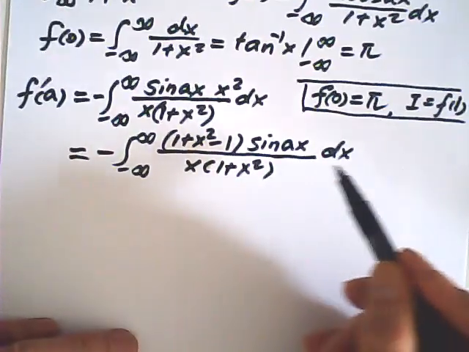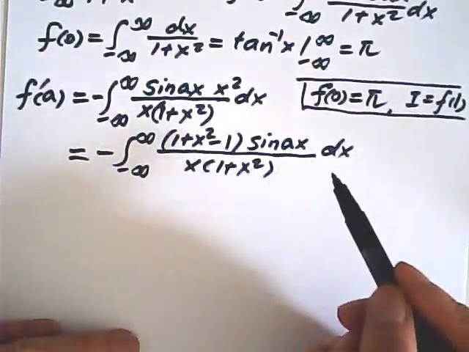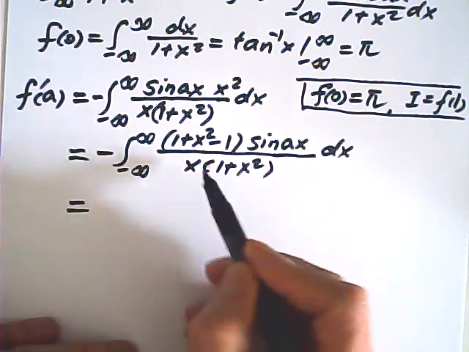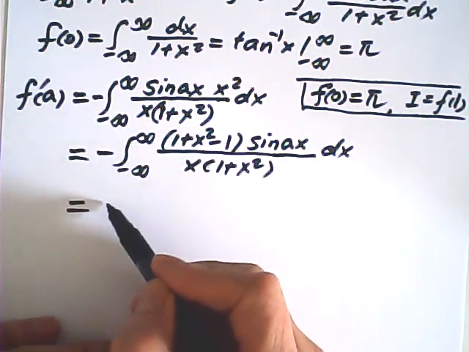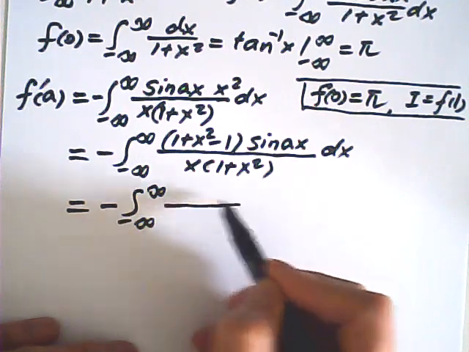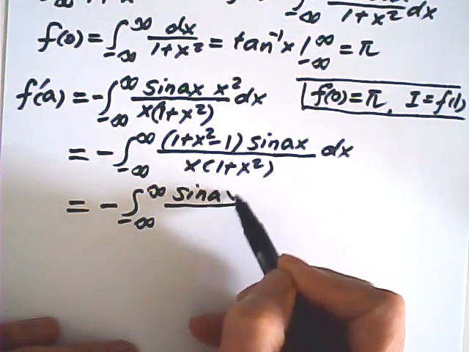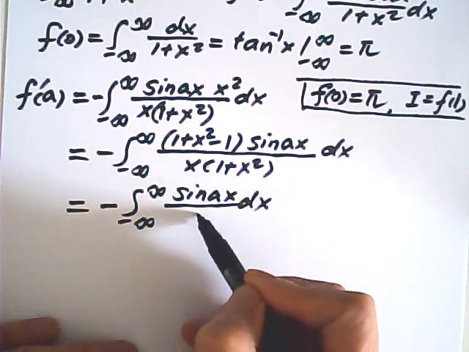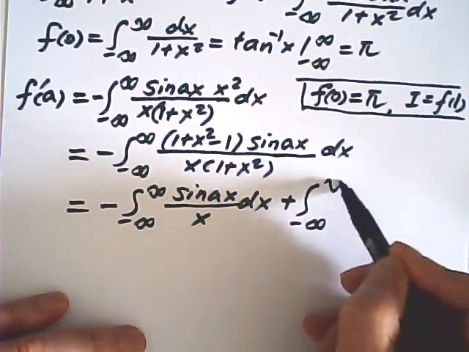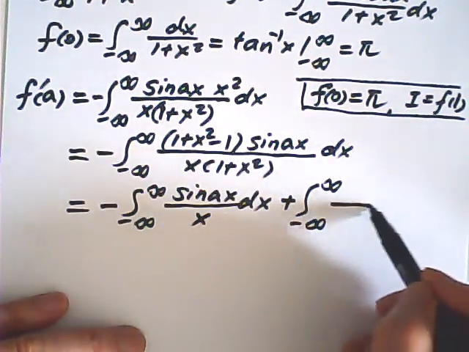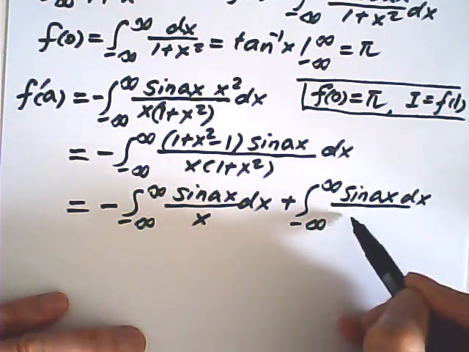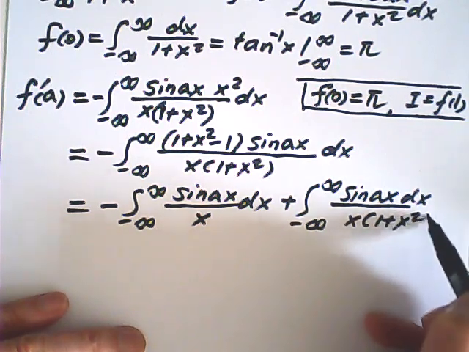The reason for doing it this way is that I can split this integral into two. The first one, after cancelling, becomes negative sine ax dx over x. Now the second one will be plus sine ax dx over x times 1 plus x squared.